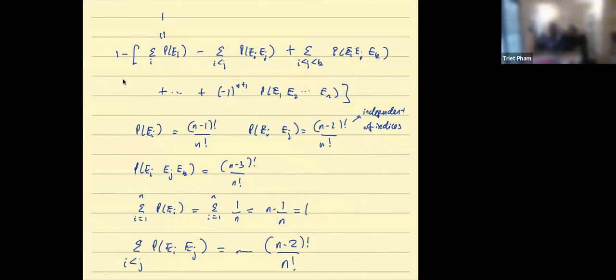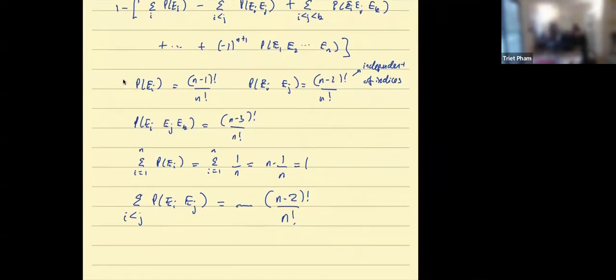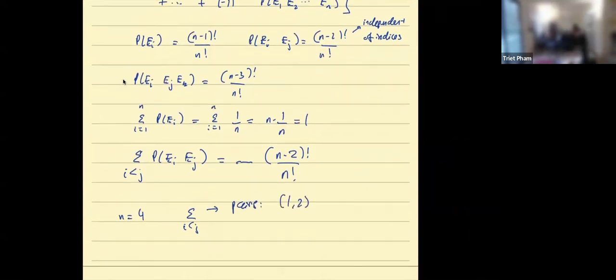No. Think about it. Let's say n equals 4. Then the sum over i less than j will include how many pairs? 1,2; 1,3; 1,4; 2,3; 2,4; 3,4.